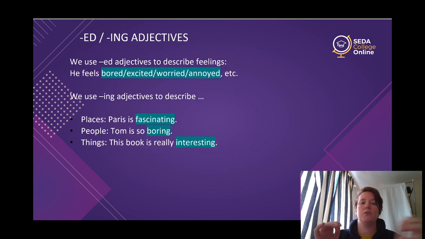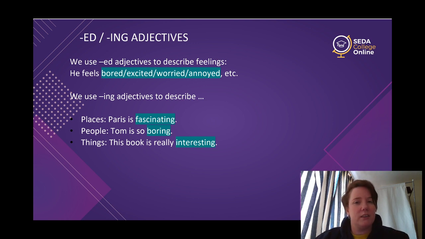Now we move on to adjectives. Some of the adjectives take ed and ing. We use ed adjectives to describe feelings, how you're feeling, how somebody else is feeling. So, he feels bored, he feels excited, he feels worried, he feels annoyed, etc. Then we use ing adjectives to describe places.